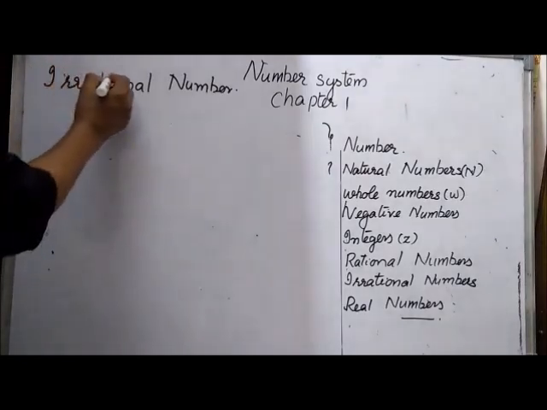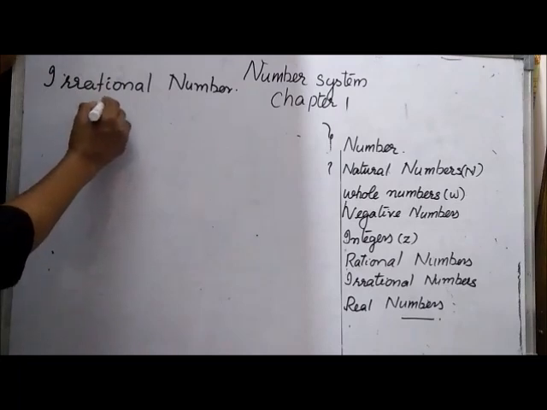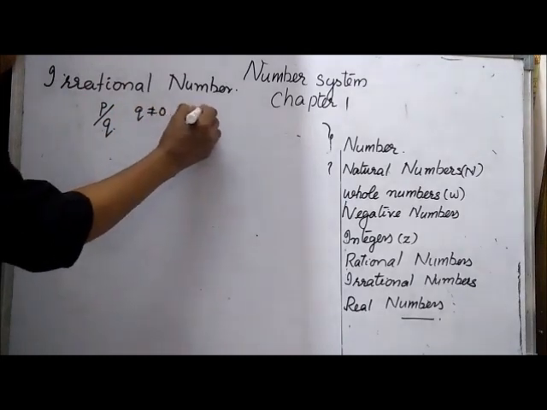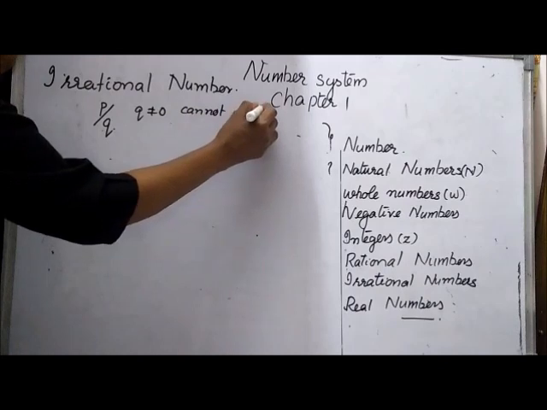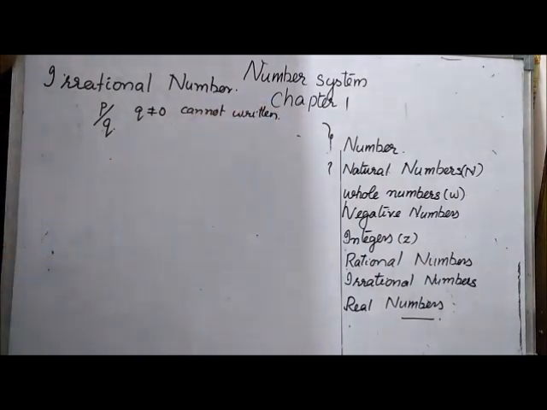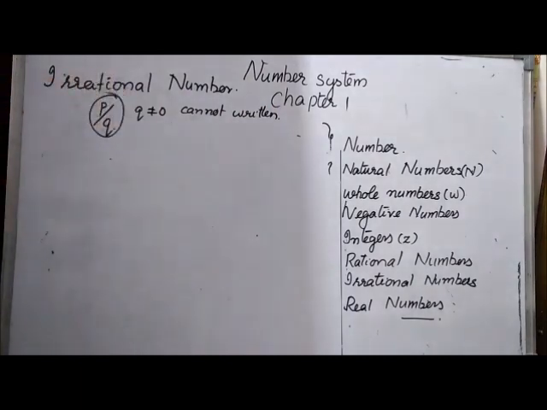Now, irrational number. Irrational numbers are those numbers which cannot be written in the form of P by Q. Which number cannot be written in the form of P by Q?